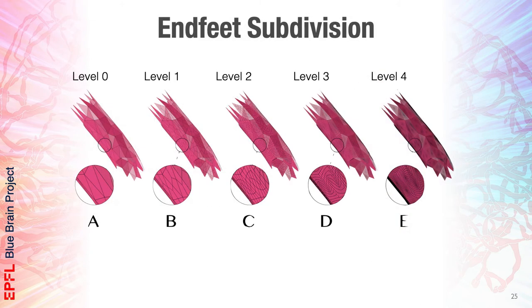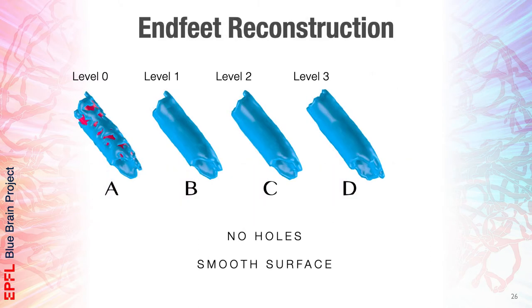Here we have several subdivision levels, so we have to find a compromise between the level needed for accurate tessellation and good performance. So we have selected the subdivision level of 2, with which we have a smooth surface and we don't have any holes along the surface of the mesh.